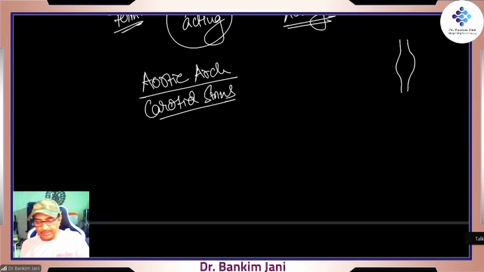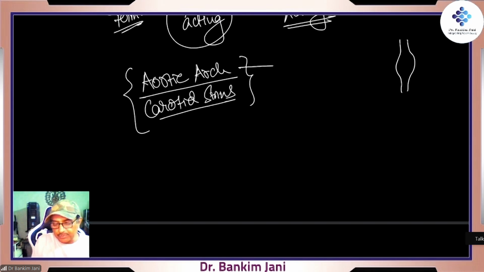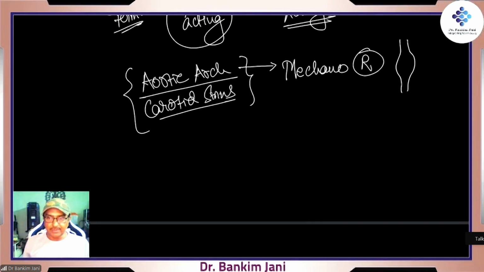So this carotid sinus and aortic arch are the areas which will be having some very specific receptors. They are called the mechanoreceptors.